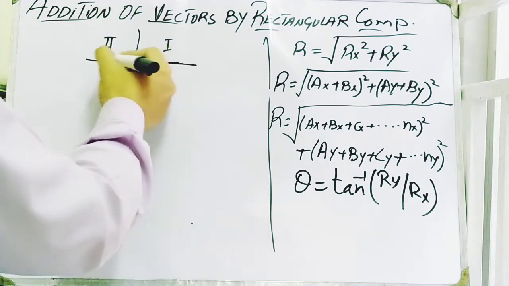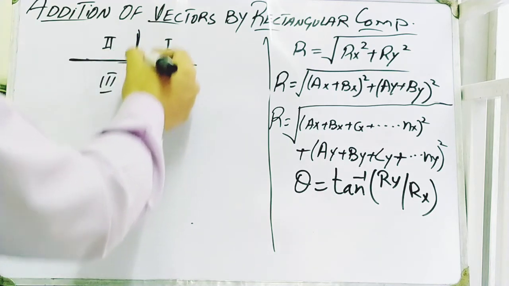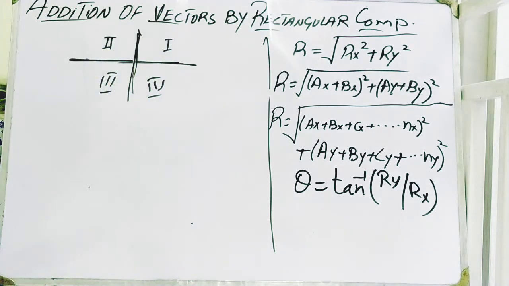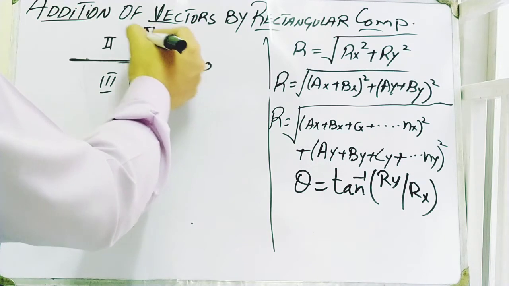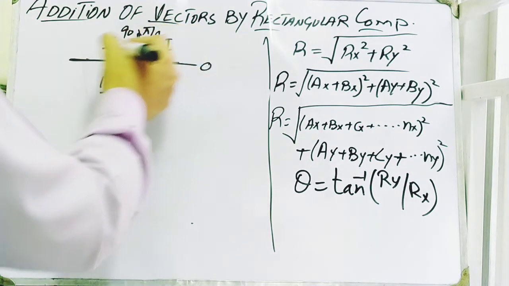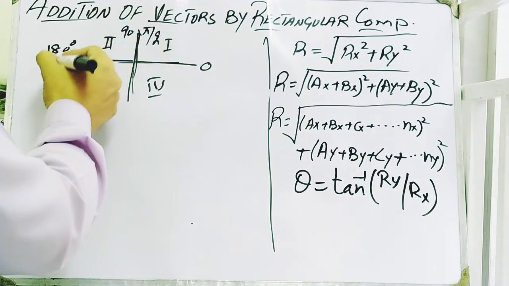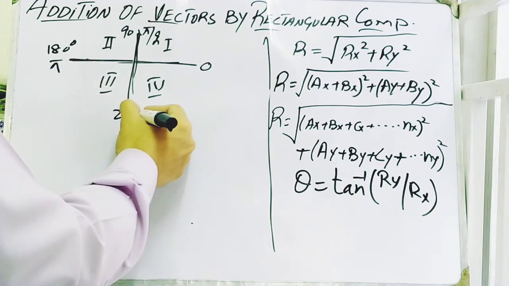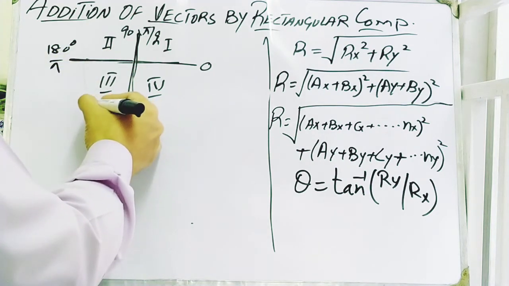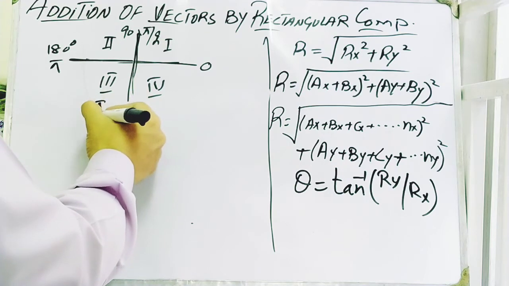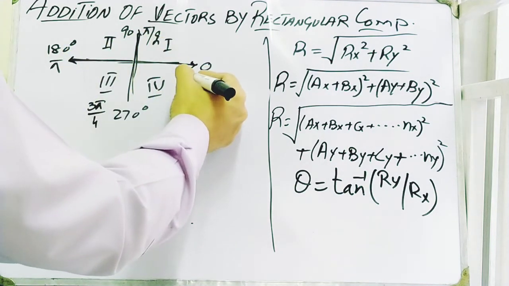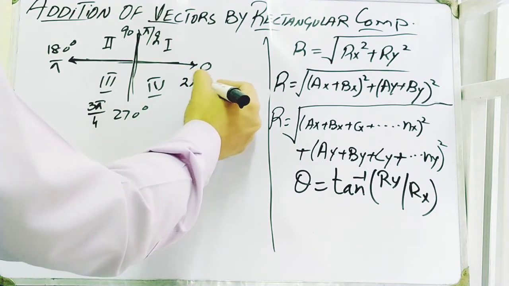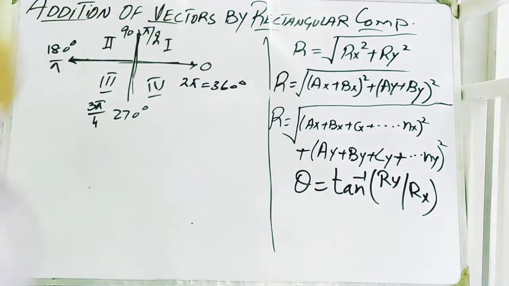These quadrants can also represent the position of the angle. At this point the angle will be 0, at this point the angle will be pi by 2 or 90, at this point the angle will be 180 or pi, at this 270 or 3 pi by 2, and at this point the angle will be 2 pi or 360 degrees.